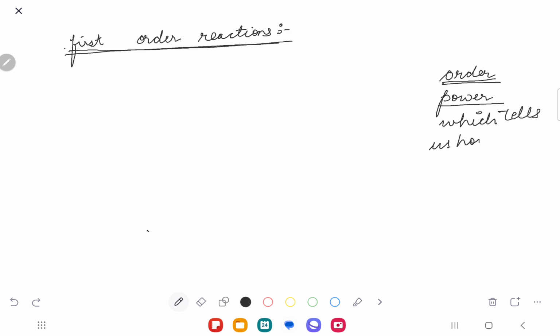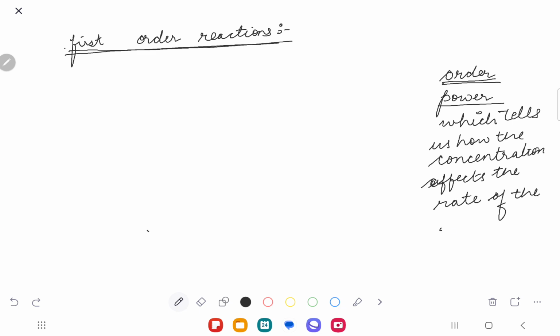how the concentration affects the rate of the reaction. That is order.